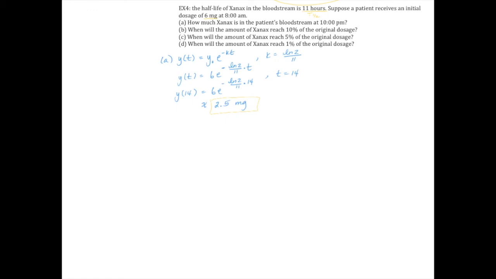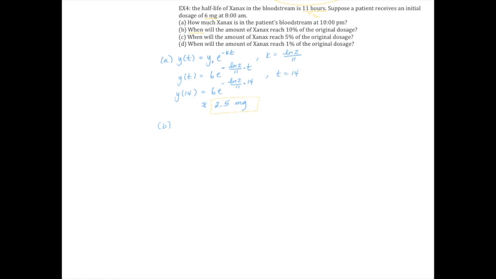Okay, so B says, when will the amount of Xanax reach 10% of the original dosage? Okay, I have the original dosage, so what this is saying in part B is when means we're trying to solve for time, and we know that this has to equal 10% of the original dosage.